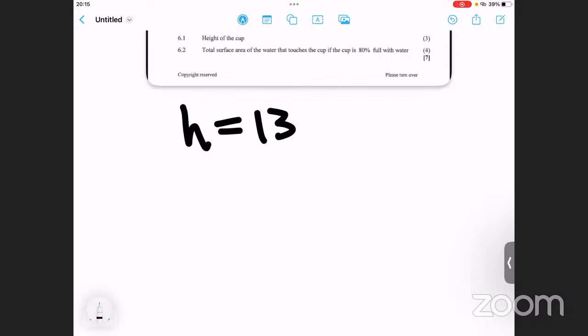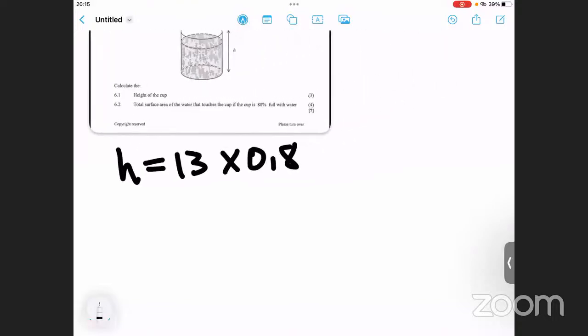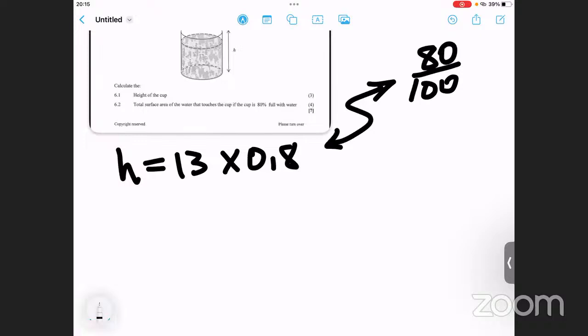I multiplied it by 0.8 since they said the water level is 80%, so I have to multiply by 0.8 in order to get the water level height. So in other words, what you did was to multiply it by 80%, which is 80 out of 100, as a decimal is 0.8. Yes, sir.